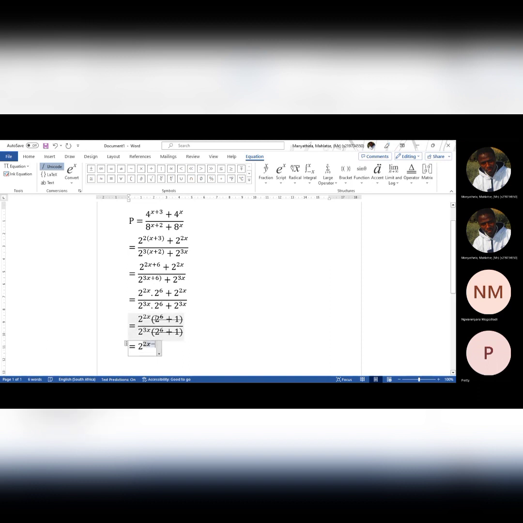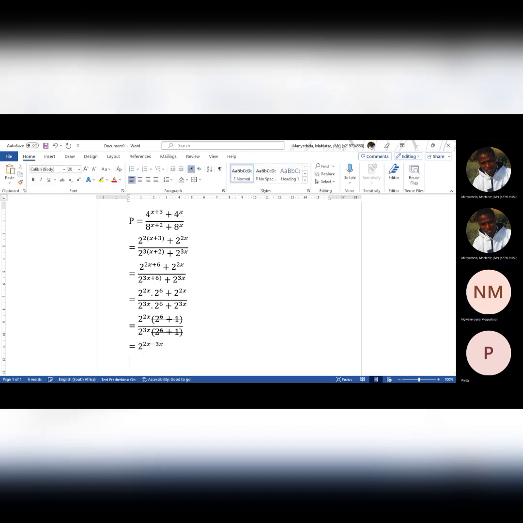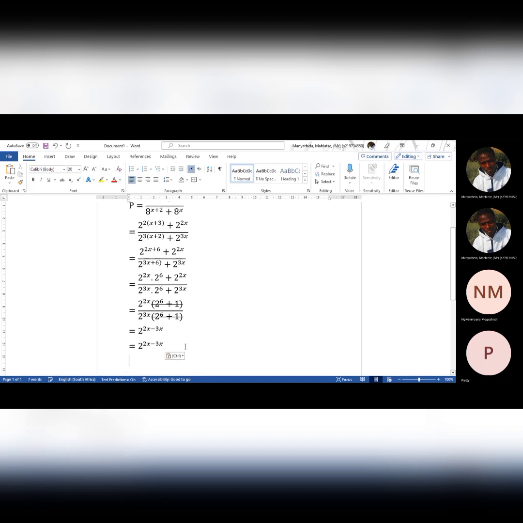Subtract 3x, so 2 subtract 3 is how much? Negative 1. Negative 1 again, so we remain with negative x: 2 to the exponent negative x.